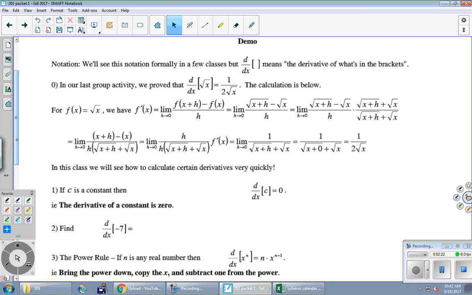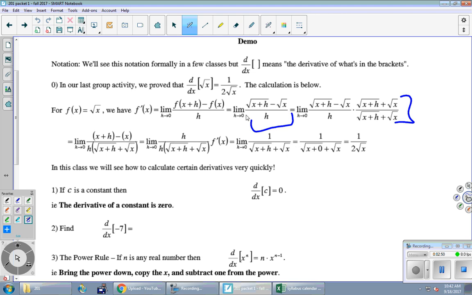Okay, so a reminder. One of the things we did last class in our activity was to calculate the derivative of square root of x. That's our new notation. And we found that it was equal to 1 over 2 square root of x. But there was a lot of work involved in that calculation. From this point, we had to rationalize the numerator, which meant multiplying top and bottom by the right thing.